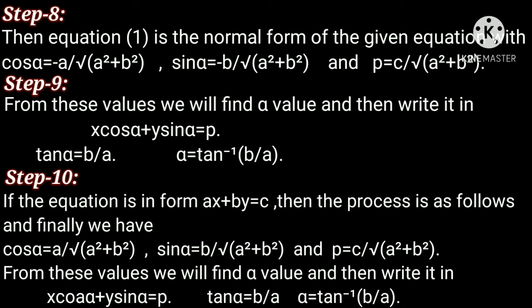Here also, by using cos alpha and sin alpha values, we find tan alpha equal to b by a. From this, alpha equal to tan inverse of b by a. But in these two cases, the alpha value can be found by using the signs of cos alpha, sin alpha and tan alpha.